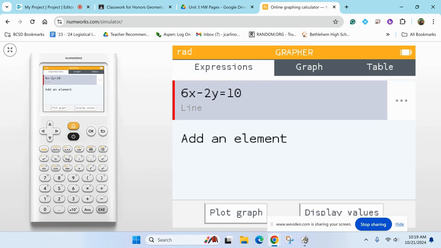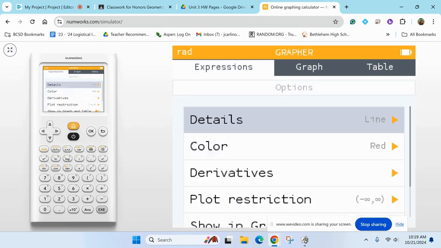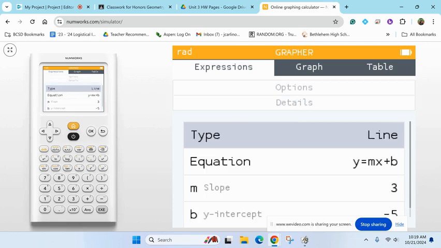Go over to the three dots, hit enter. Up will pop some options. What color do you want this line? We don't care, we're not graphing it. I want more details about this. And then once you hit enter on details, look at that. It'll tell you what the slope is and what the y-intercept is, so you can put it into y equals mx plus b form.